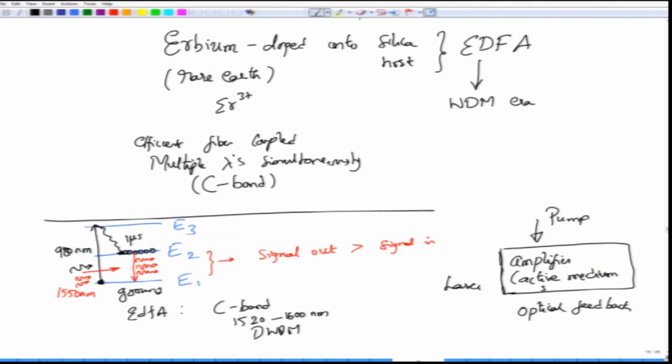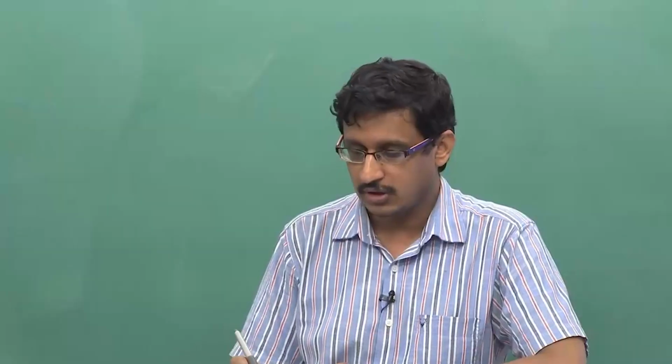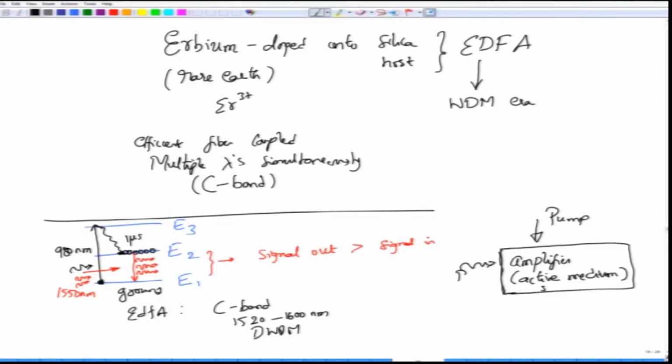feedback mechanism. So, I have converted a laser into an optical amplifier by removing the optical feedback. So, I am removing the optical feedback, or at least keeping very minimal optical feedback. I have essentially minimized any optical feedback. Okay. Instead, stimulated emission is brought about by supplying an external input signal.